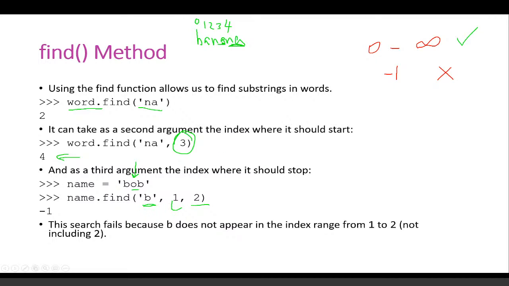Since that is not a B, that's an O, it's going to return -1, because that search fails. Whenever it fails to find it, it's going to give you a -1. And remember that when we're dealing with these multiple values, the second value goes up to, but does not include, that value.